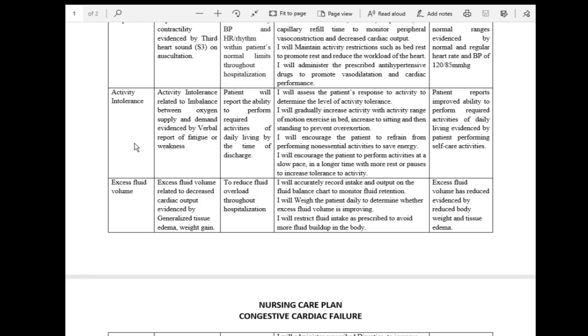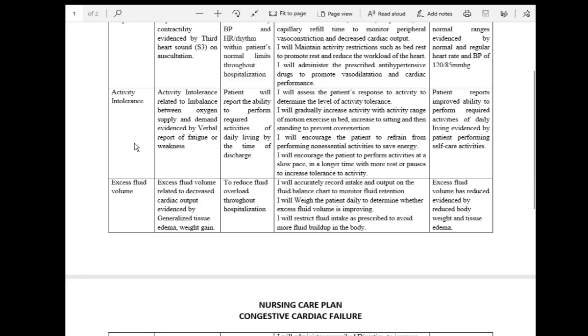Our final point, I will encourage the patient to perform activities at a slow pace in a longer time with more rest or pauses to increase tolerance to activity. So here what we're basically saying is we encourage the patients to take this activity that they're used to doing at a faster pace. For instance, a patient can be walking fast.